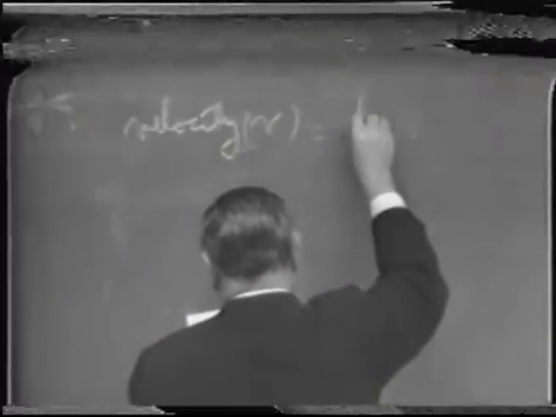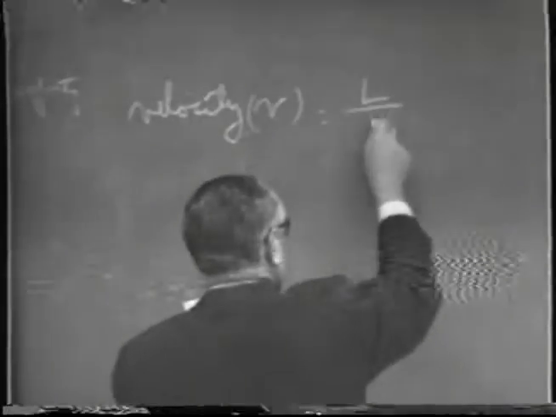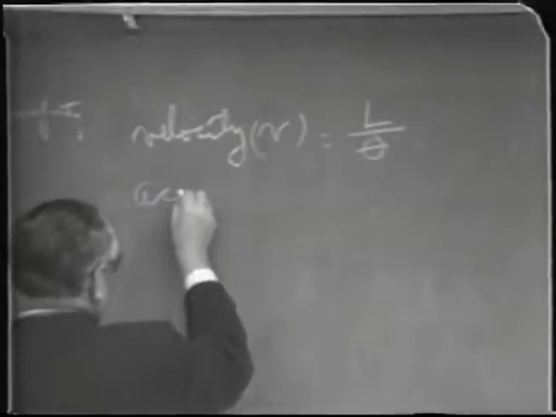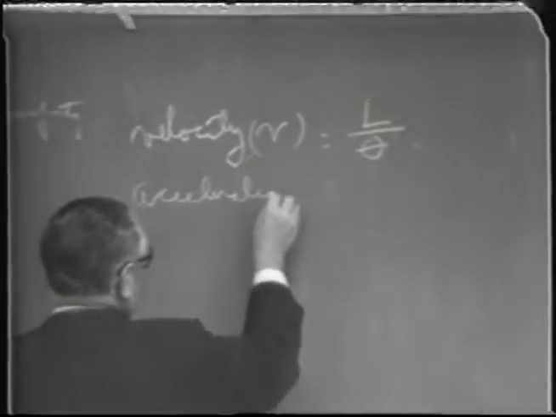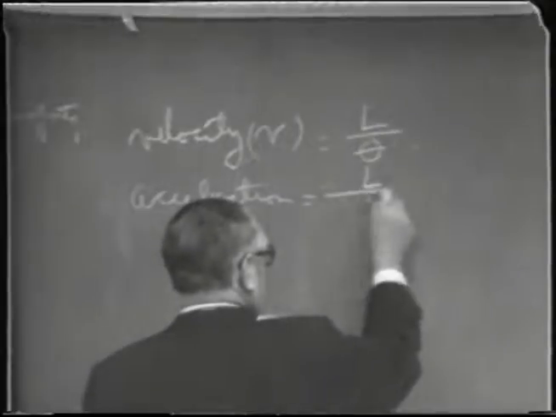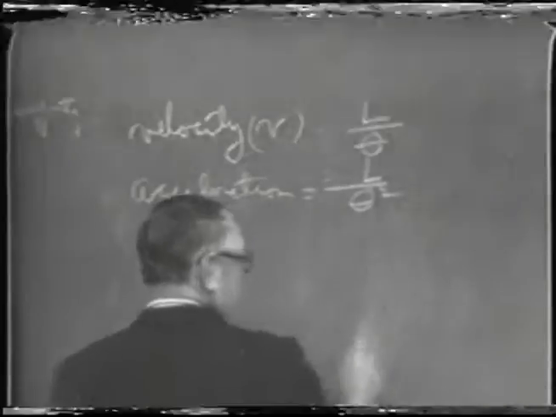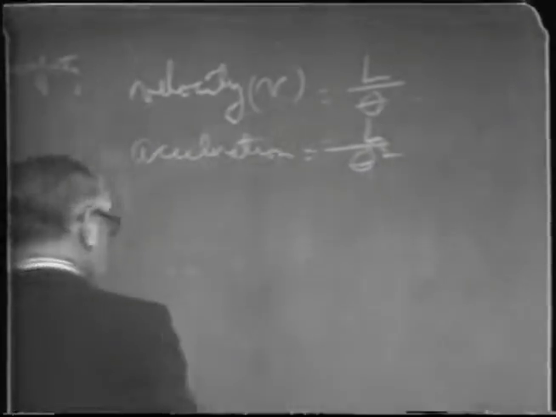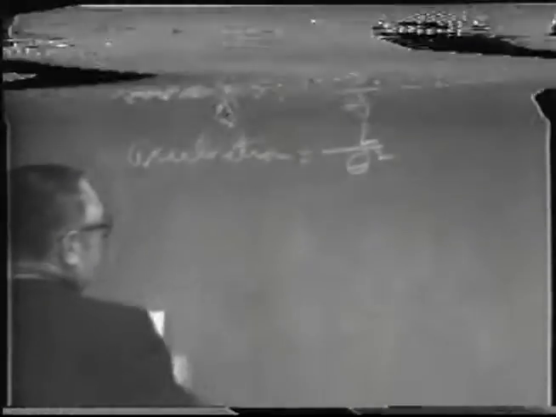Which has dimensions of length or distance divided by time. And well, here's acceleration, which has dimensions of length divided by time squared, or velocity divided by time, or the rate of change of velocity.